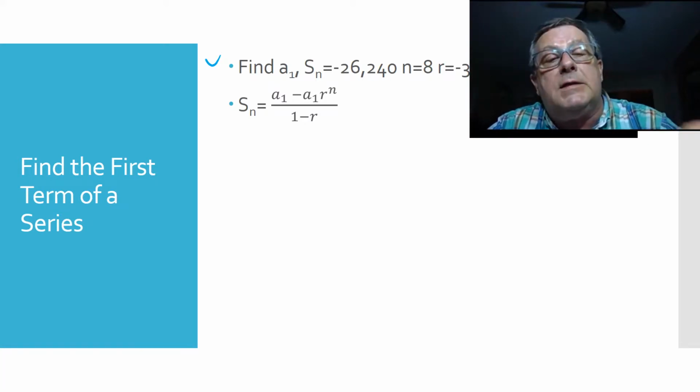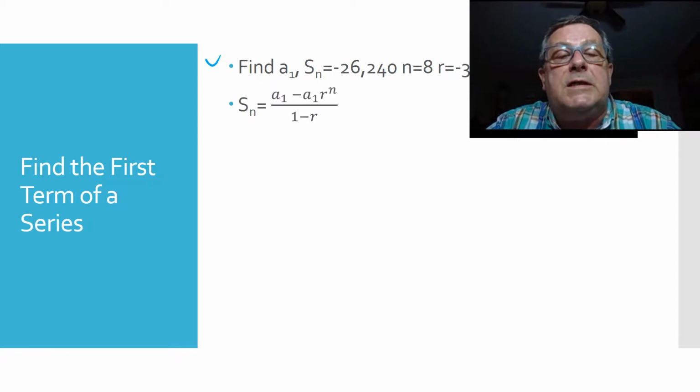Let's start plugging in some numbers to our formula, which is Sn equals A1 minus A1 times the common ratio raised to the power of n over 1 minus the common ratio.